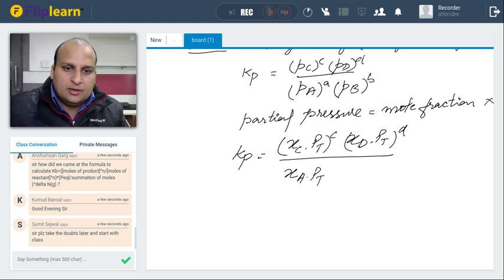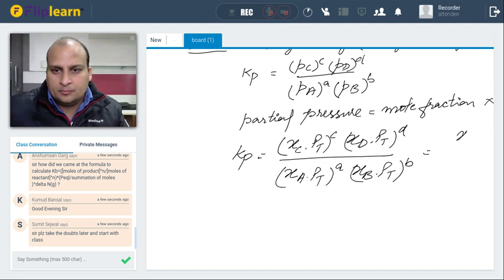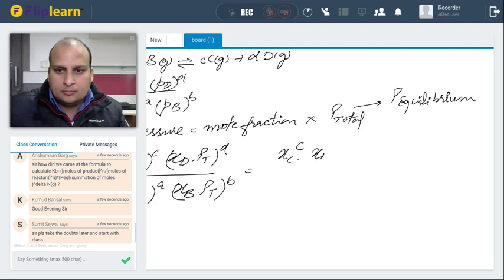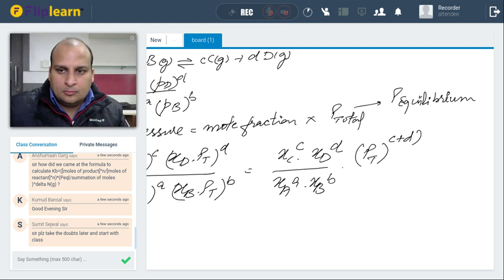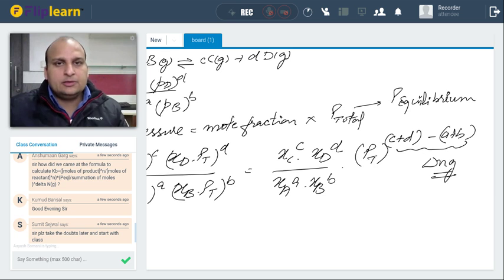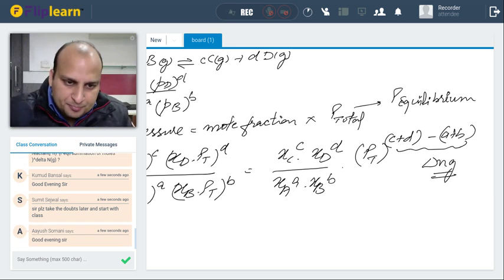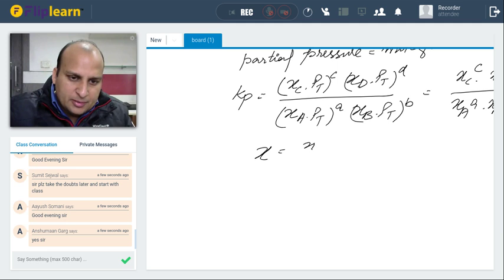I hope these steps are clear to you, beta. If there is any doubt, you may please ask me. Now this is delta Ng, gaseous moles of product minus reactants. Now mole fraction is nothing but number of moles over total number of moles.